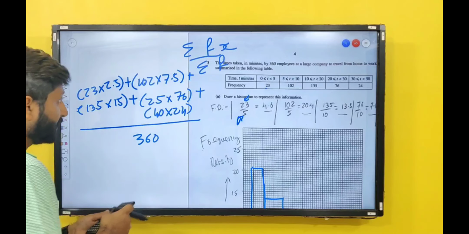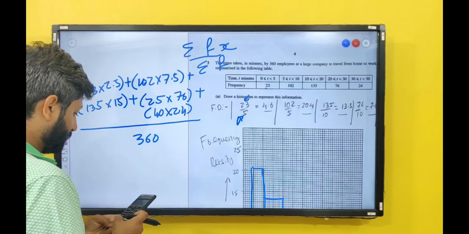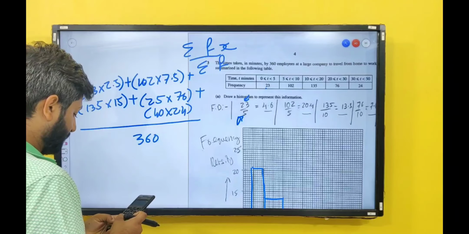So let me solve this in my calculator. 23 into 2.5 plus 7.5 into 102 plus 15 into 135 plus 25 into 76 plus 40 into 24. Okay, so the answer is 5707.5.